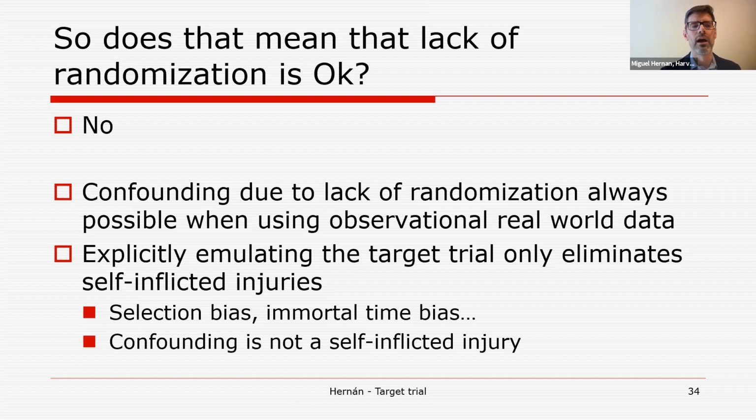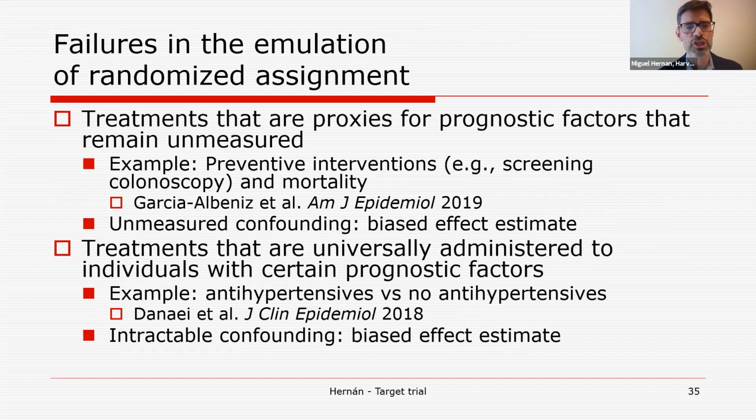And there are many examples in which we are finding that observational data cannot be used to emulate the target trial. We have tried to use claims data to estimate the effect of preventive interventions on mortality. It's impossible. It doesn't matter which fancy method you use, machine learning, anything.